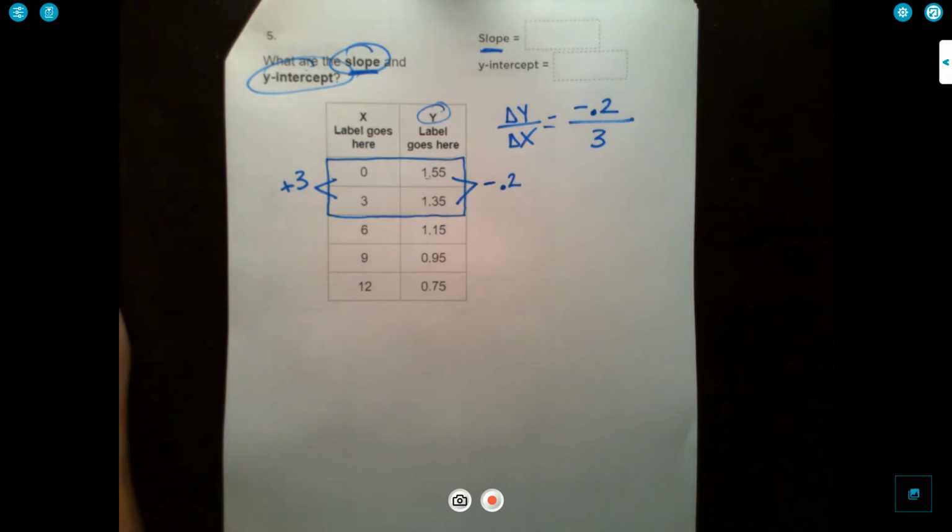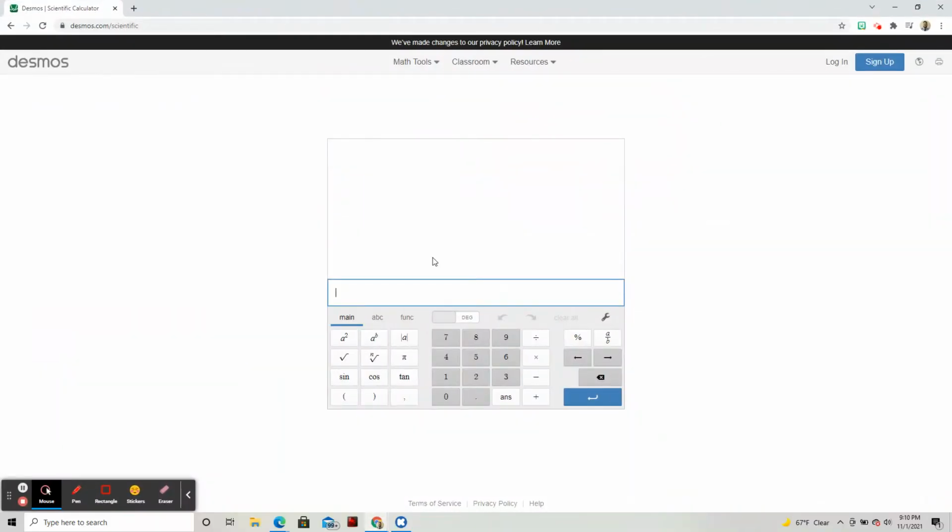Let me do it on Desmos, so just bear with me. All right, so I'm just going to show it over here real quick. So we're doing negative 0.2 divided by 3.